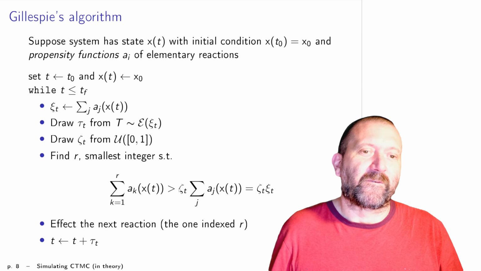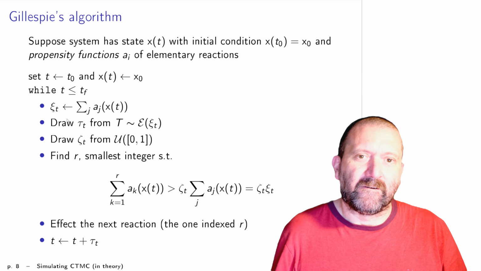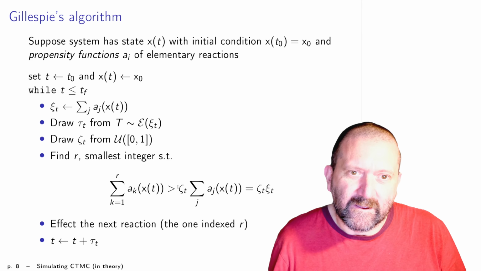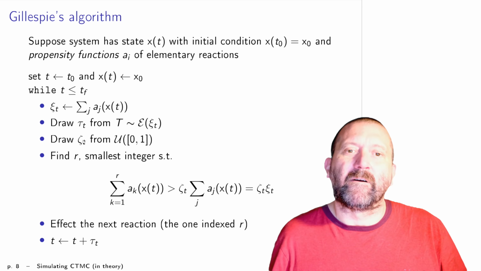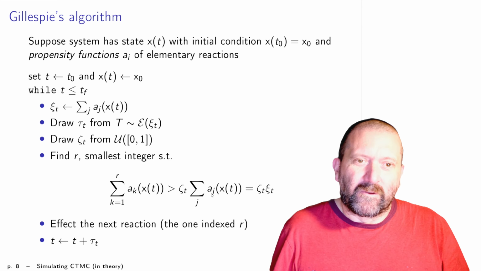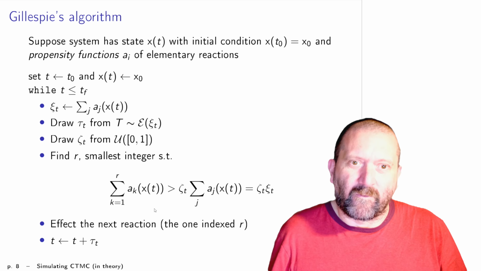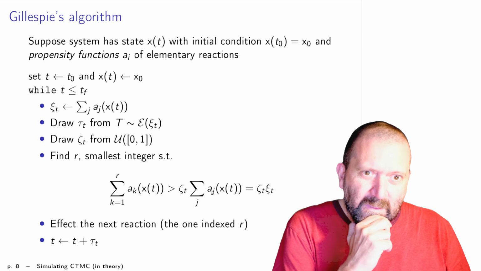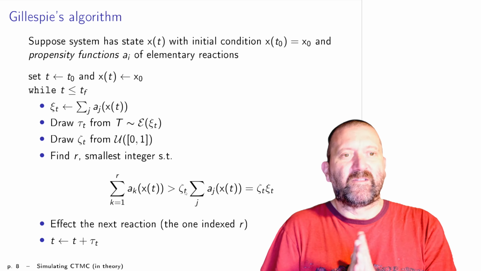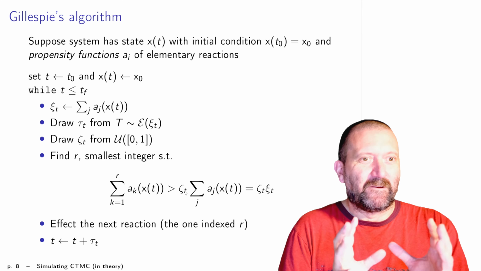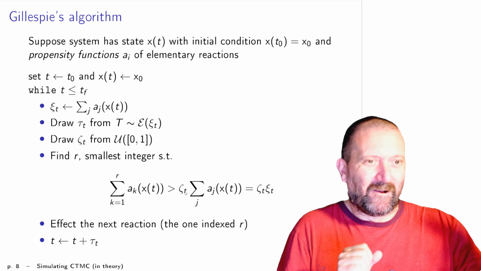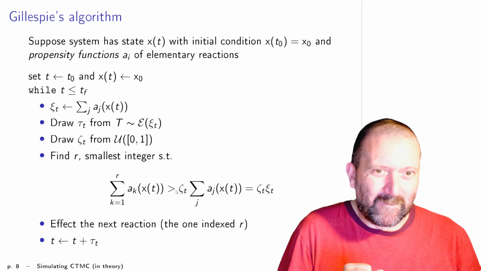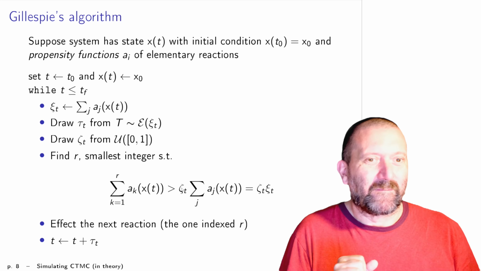If you want, you could also divide by zeta. Zeta is here, so you could divide by the total weights. But what you want is the first value which is larger than that random number times this.